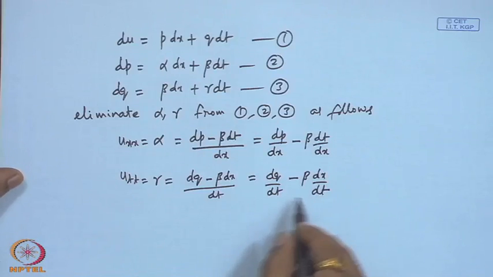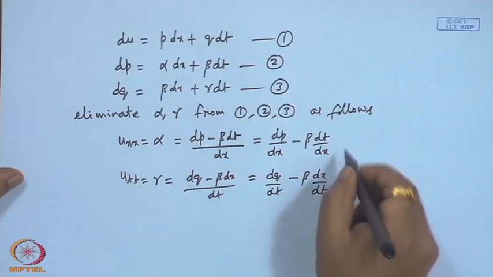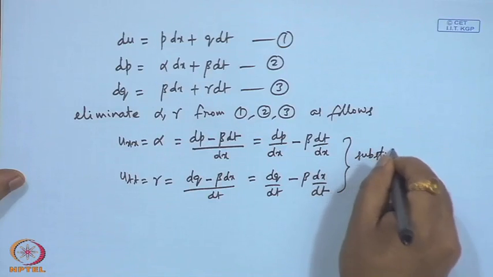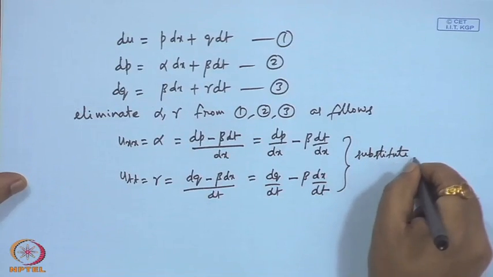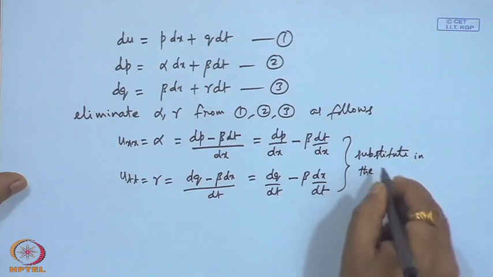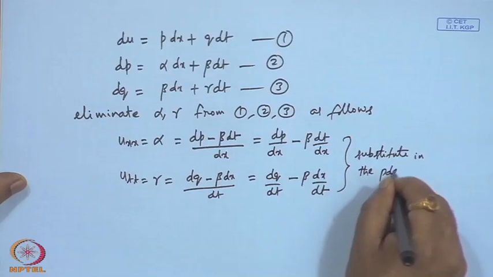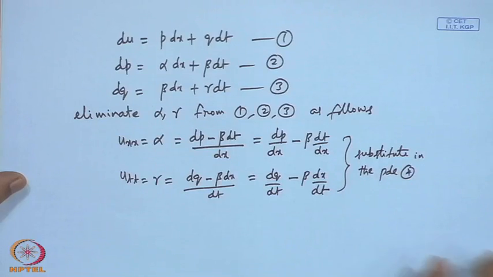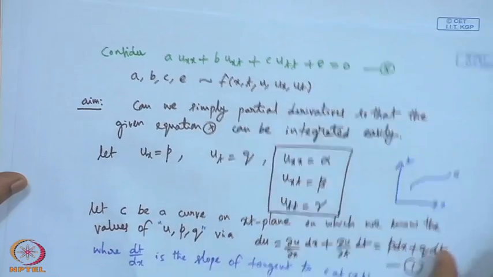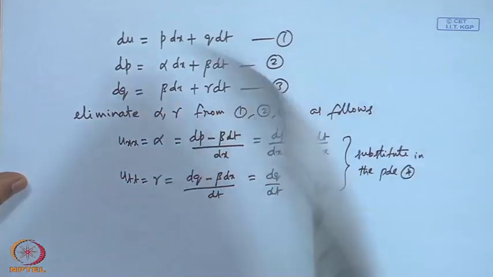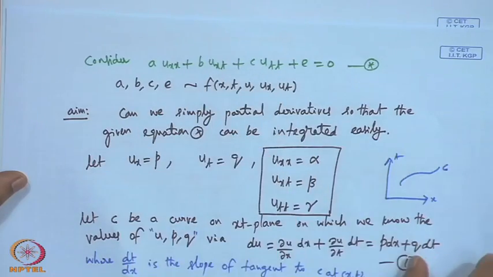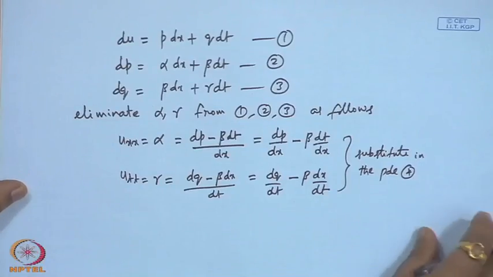Okay. So, now let us substitute in the PDE star. Okay. So, we substitute. So, remember we are trying to substitute for u x x and u t t. So, there will be definitely u x t remaining.